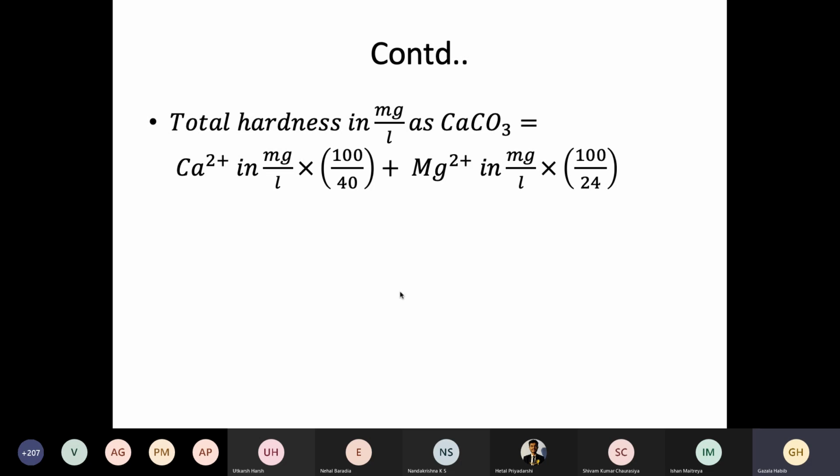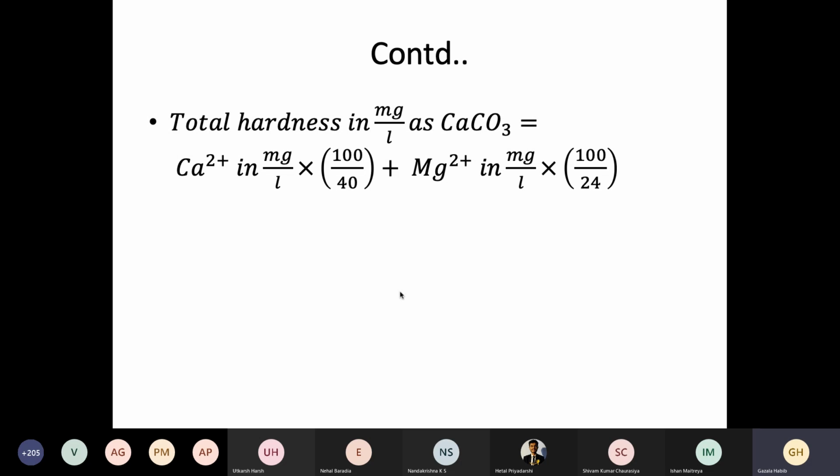So this is total hardness. Hardness is also presented as calcium carbonate equivalent. So Ca2 plus hardness is equal to mg per liter of Ca2 plus ion present in water multiplied by molecular weight of CaCO3 upon molecular weight of Ca2 plus.